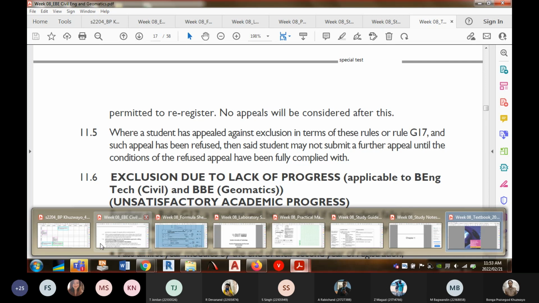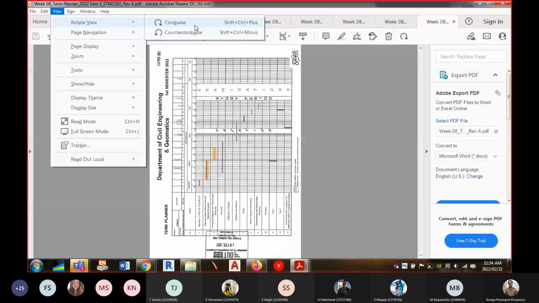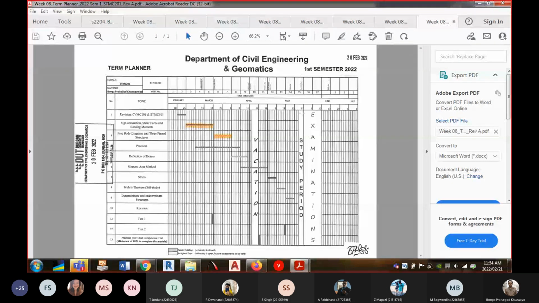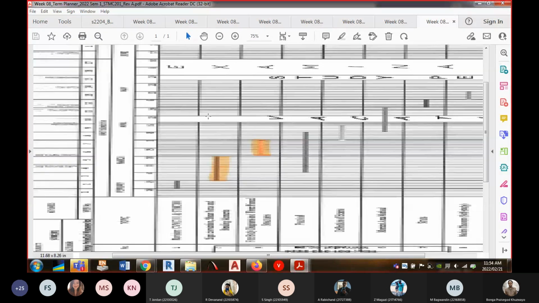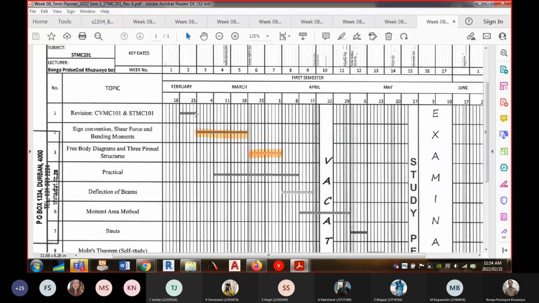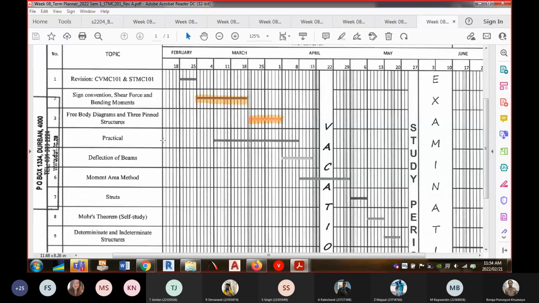Now let's look at the term planner, which is the last thing that I'm going to do today. We only have 5 minutes left. Basically, we're going to cover shear force and bending moment diagrams. After that, we will look at free body diagrams and 3-pin structures.